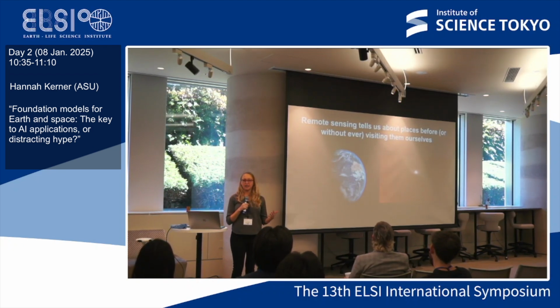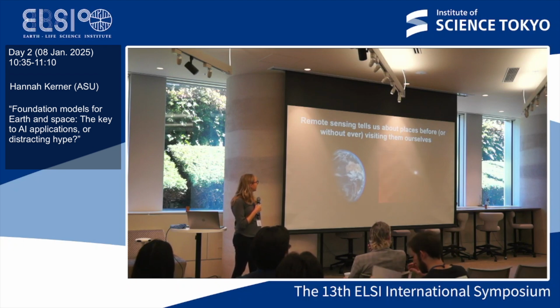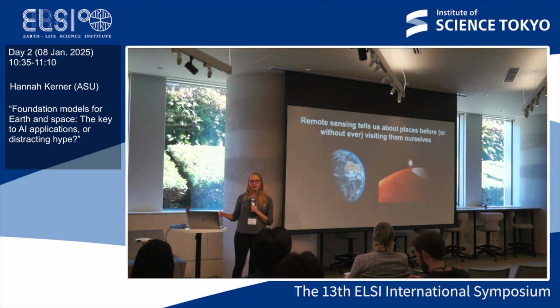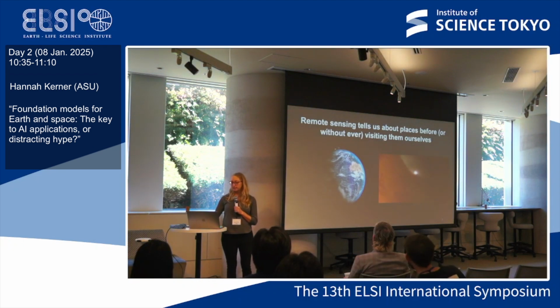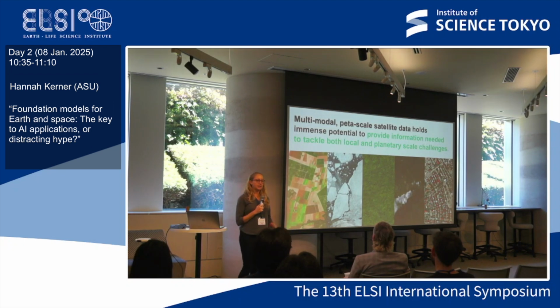Remote sensing satellites are these amazing human inventions that we've had orbiting our planet Earth since 1972 or earlier, depending on what kind of satellites we're talking about, and collecting continuous data about what's happening on our planet and on other planets. So we can get so much information without even physically visiting these places. It is really an incredible resource. And almost all of that data is publicly available for free.